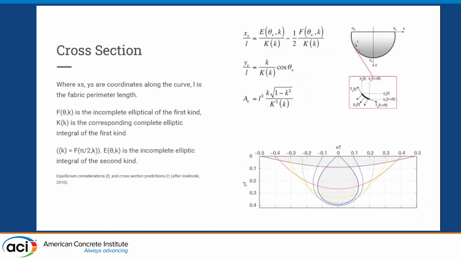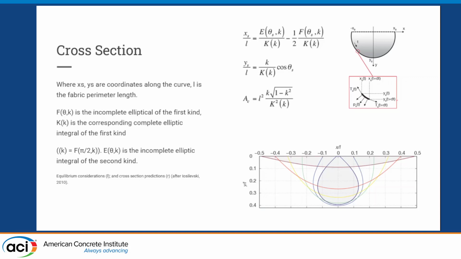The beam that we created varies in cross-sectional area along the length of the beam, and it's based largely on three parameters. So firstly, the tension of the fabric, which is based on the material as well as the tension that we place on it, and the hydrostatic pressure that is generated from the concrete, which is a function of the depth.